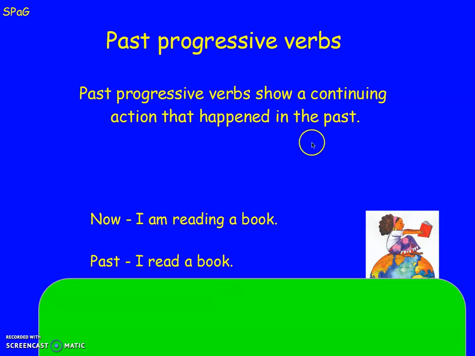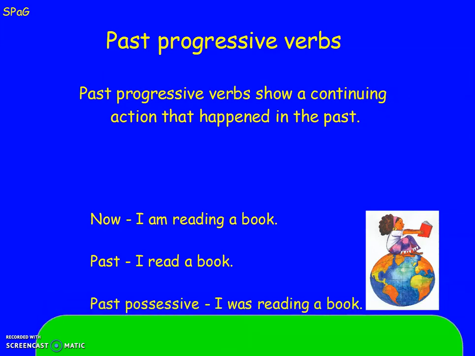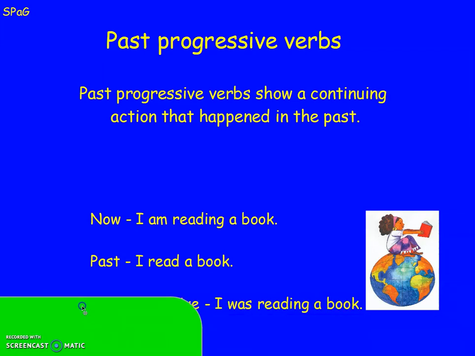But the past progressive shows a continuing action. Okay? So it's happened for a long time. So if it was past progressive, you would say, I was reading a book. Because that's something that has happened. I was reading a book yesterday, okay? And reading shows that it went on for a long time.